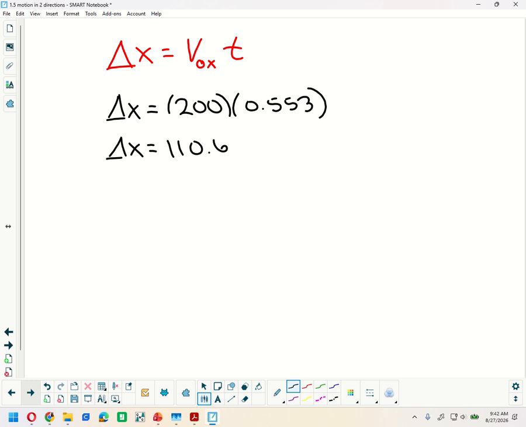What are my units? It is delta x, but what are my units on this? M, just meters. Because it is a change in x. It's not a rate, so it's not a distance over time. It's not meters per second. It's not acceleration, which is meters per second squared. This one is going to be from start to finish. It's 110.6 meters away. Hopefully that's a little bit helpful.